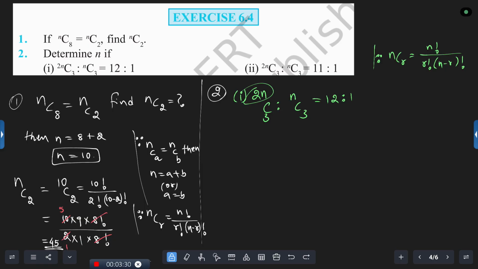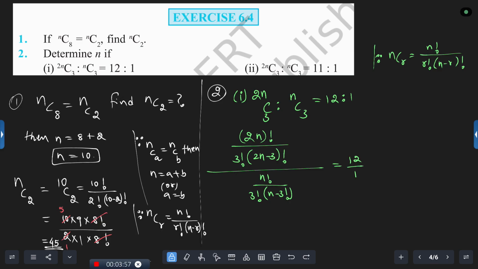So 2n factorial you should give. So 2n factorial divided by 3 factorial into 2n minus 3 factorial, whole divided by nC3, which means n factorial divided by 3 factorial into n minus 3 factorial, which is equal to 12 divided by 1.